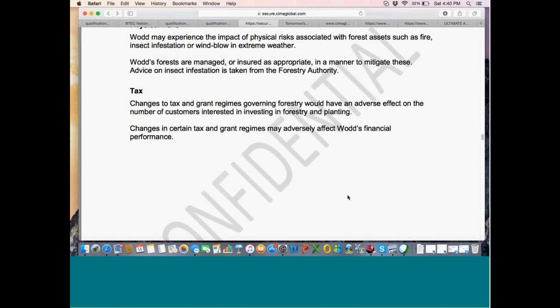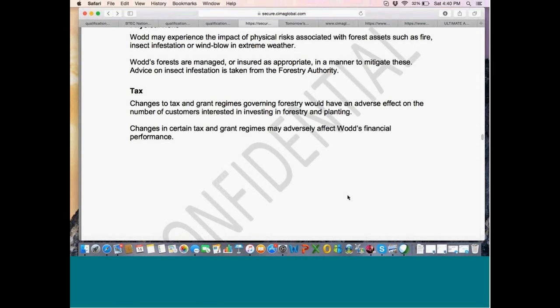What is the component of areas that we manage for wealthy individuals? How much do we own as our forests? How much do we own? Because this may have an impact on our income if there are changes to the tax regime.